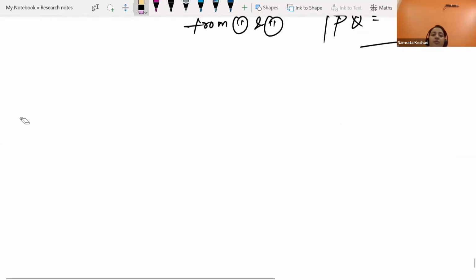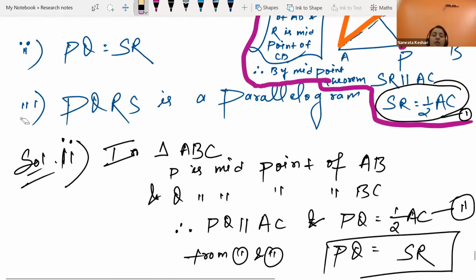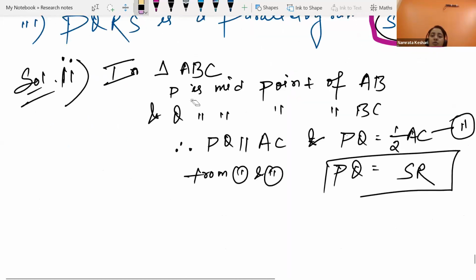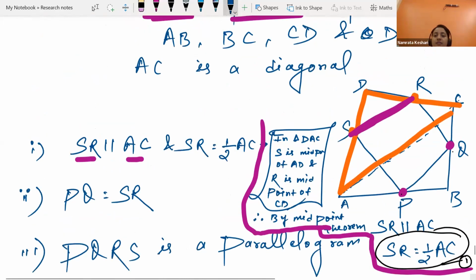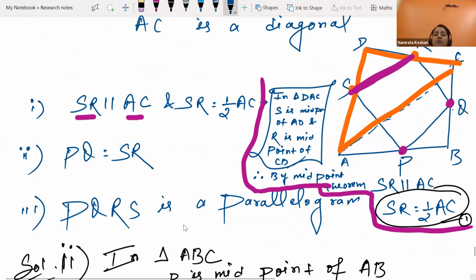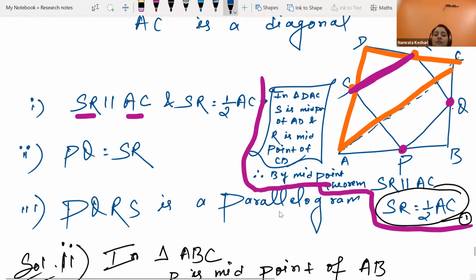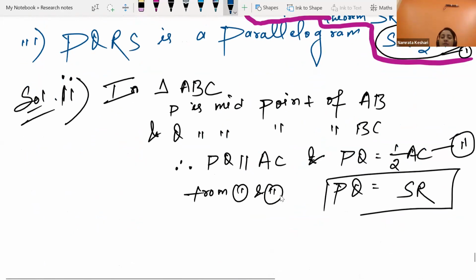Now the last one. PQRS is a parallelogram. Of course it's a parallelogram. Opposite sides, this side SR is equal to PQ. Similarly, PS will also be equal to QR. Can we here use SR is parallel to AC?